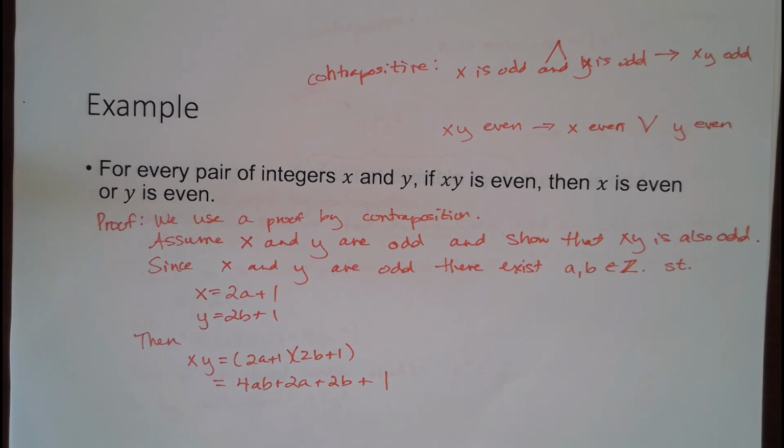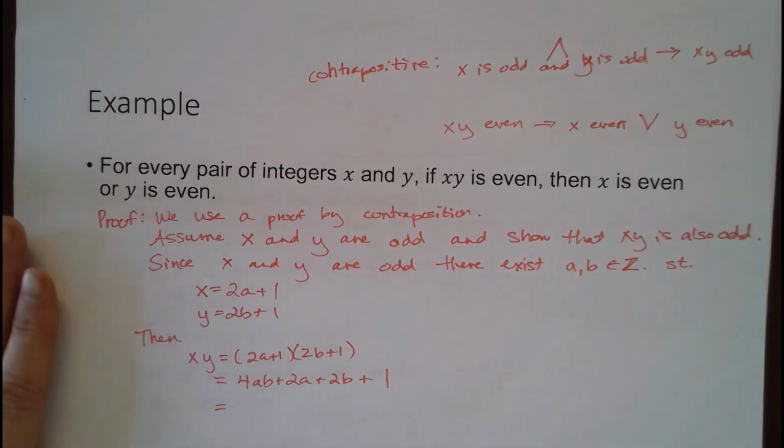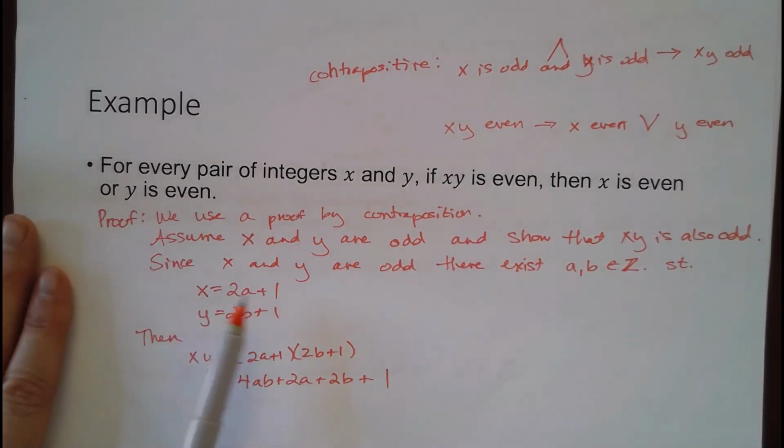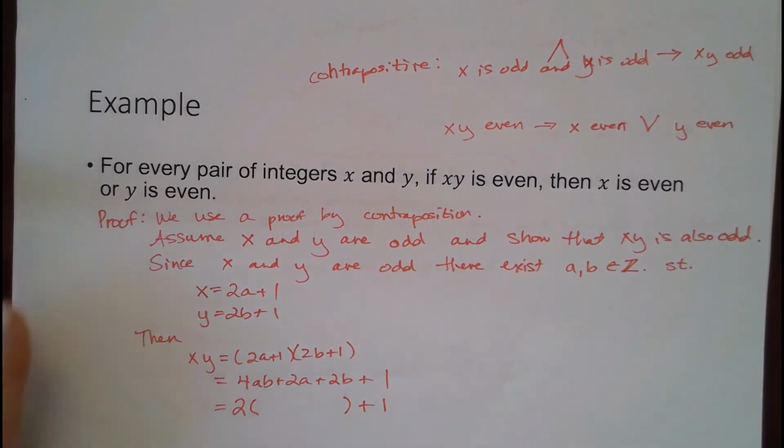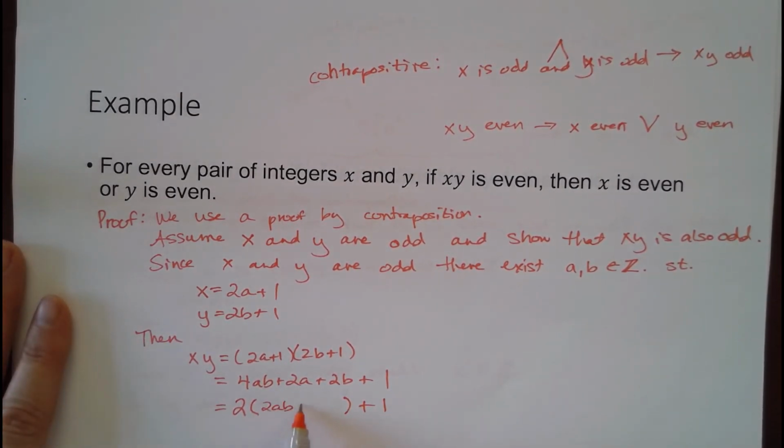And my goal is to get that xy is odd. Okay, so remember, odd should be 2 times some integer plus 1. I have this nice plus 1, so could I write this as 2 times some integer plus 1? Yeah, what would go in there? It will be 2ab plus a plus b.